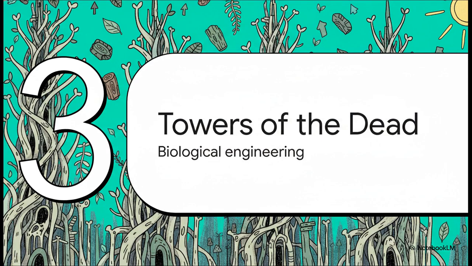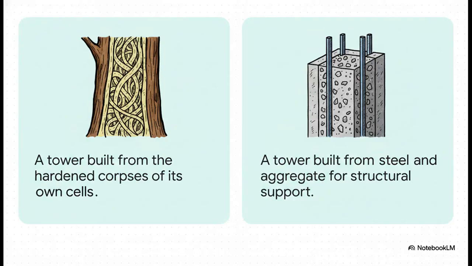But here's the thing. This graveyard isn't just a pile of waste. It is an absolute architectural marvel. The tree is literally engineering its own dead cells to build this magnificent tower that reaches for the sun. It turns basic biology into just brilliant engineering. You can actually think of a tree trunk a lot like a skyscraper made of steel-reinforced concrete.